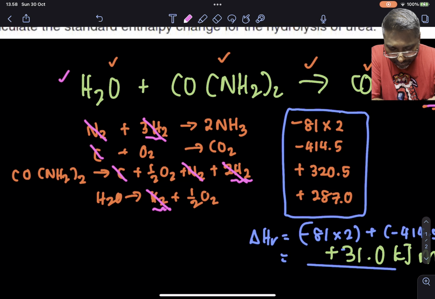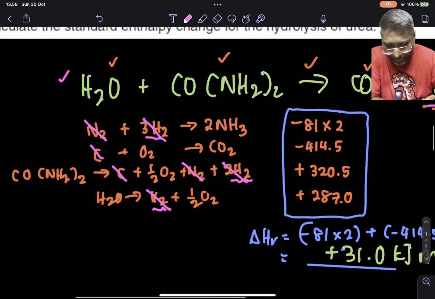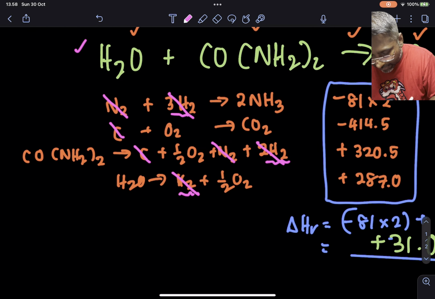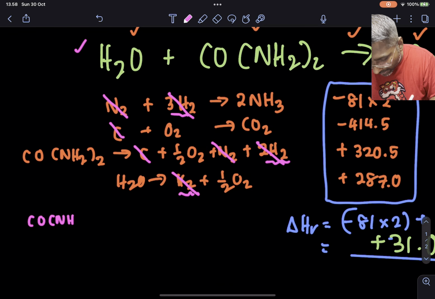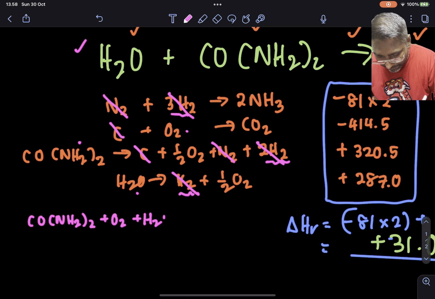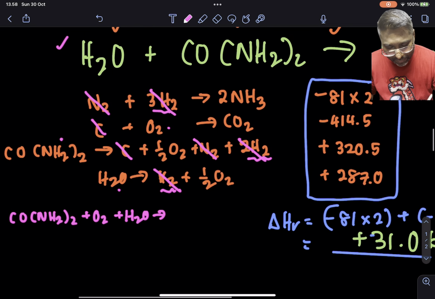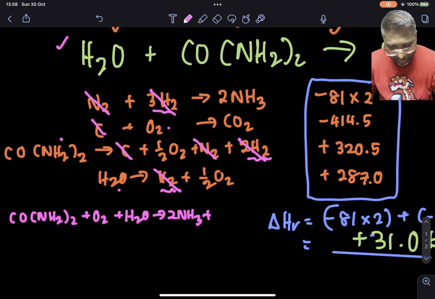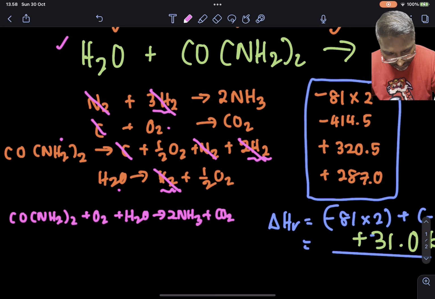And what else? I think we can just rewrite this again. So here it means CO NH2 plus O2, and then H2O is going to give us 2NH3 plus carbon dioxide, this one done, and then half O2.